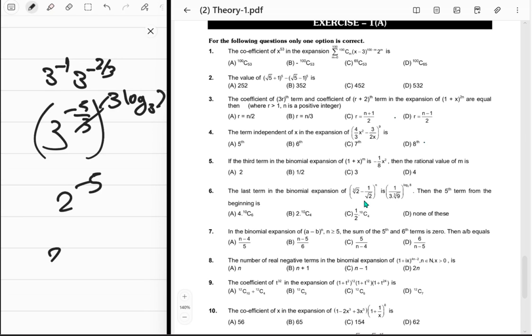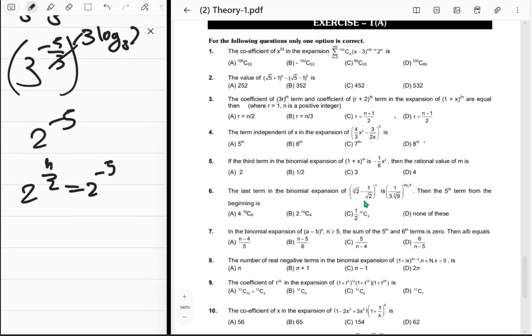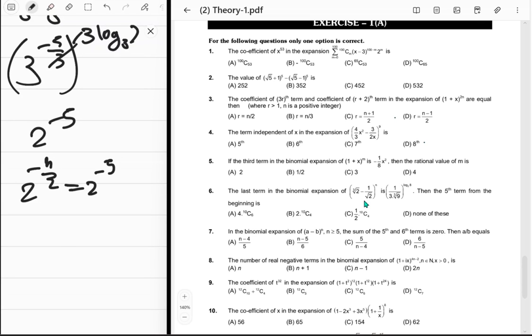So magnitude wise it's going to be 2 power negative n upon 2 is equal to 2 power negative 5, because it's 1 upon square root 2. So n should be 10, and that also kills off the negative in front of 1 upon square root 2, and that's why it works out. So there we go, n is 10.